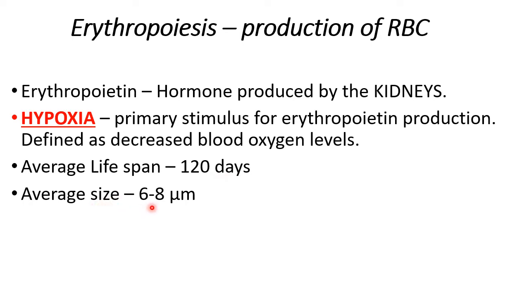Average size is 6 to 8 micrometer. And etong size na to, kasing size niya yung mga capillaries. And capillaries are the smallest blood vessels. So, kahit pinakamaliliit na capillaries, kaya lumusot ni RBC to give oxygenation for your tissues.